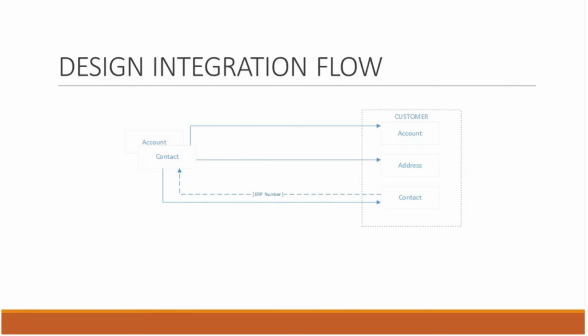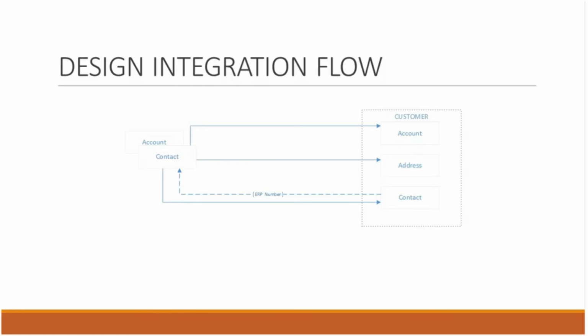Now, a basic integration flow. I will start with Visio, and here you see a very simple integration flow. On your left side, you will see account and contacts, and that will be sent to your ERP system.